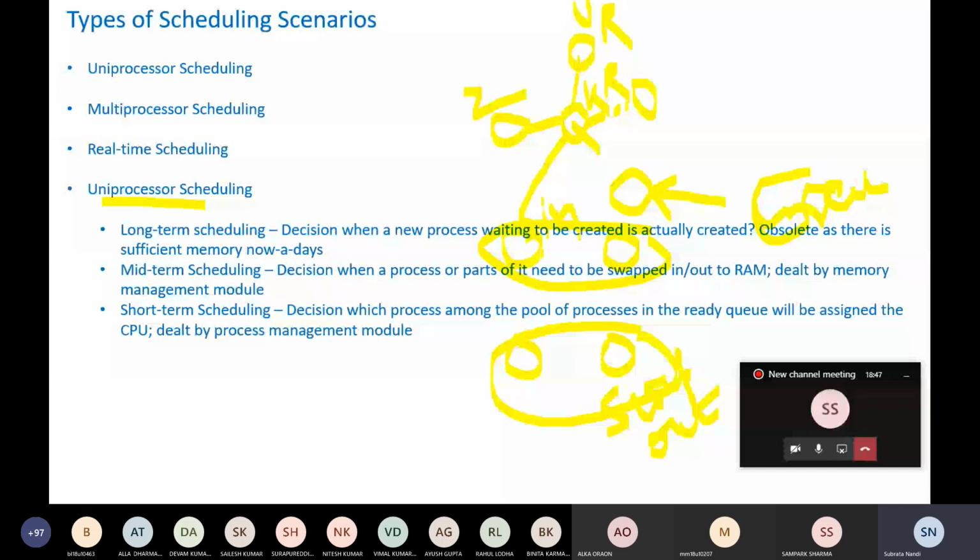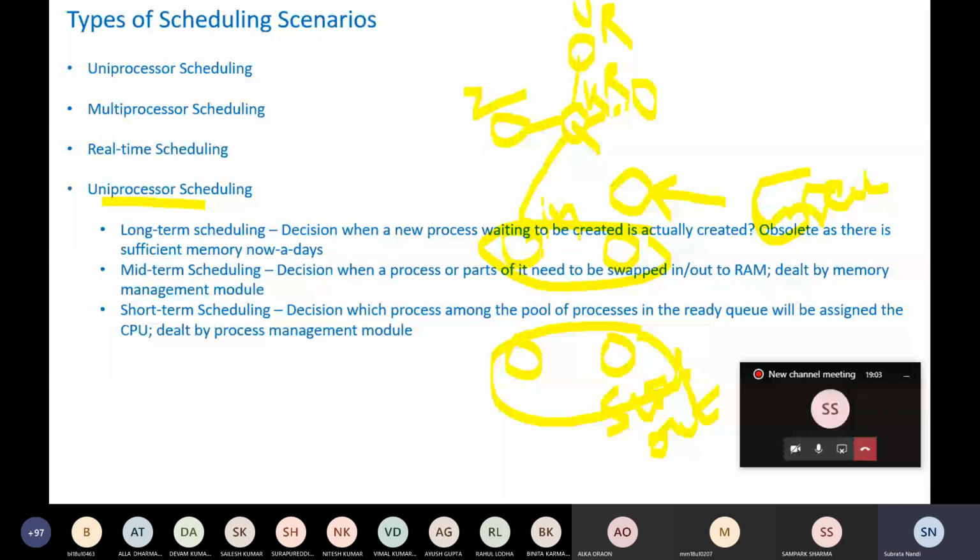This decision is taken when we find that the RAM does not have enough frames to accommodate new pages of the ready or running processes. So this decision is entirely related to the memory management module, and it is all about whether to swap in or out some of the processes which are in the suspended state or maybe in the ready state also.